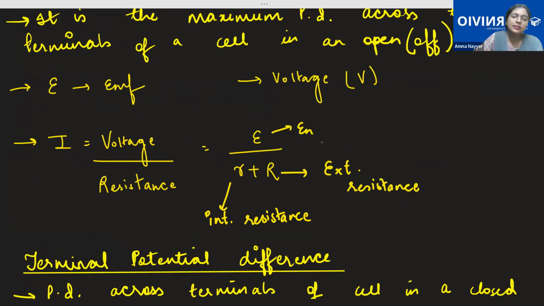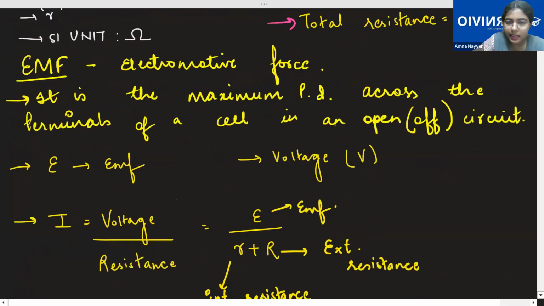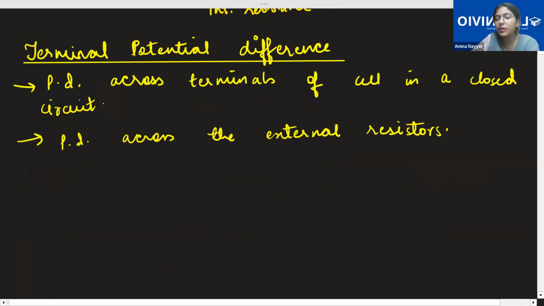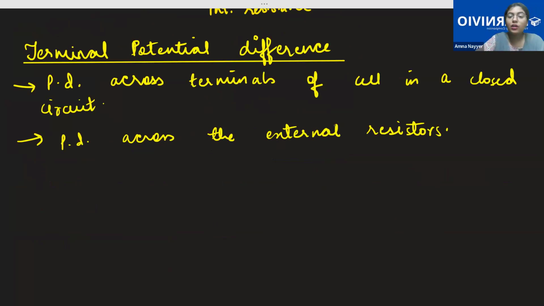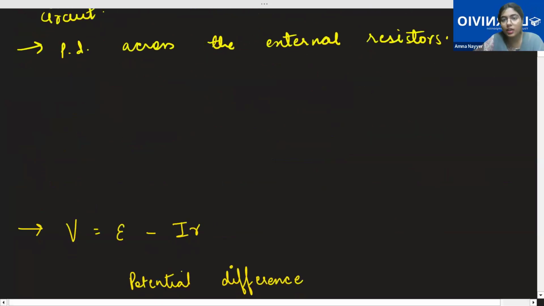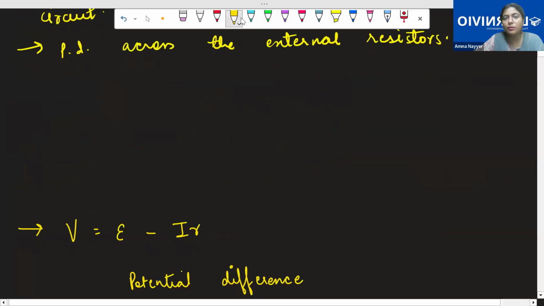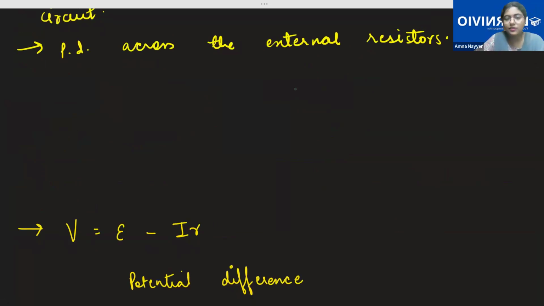And this is the EMF. Then talking about the terminal potential difference, it's the potential difference across the terminal in a closed circuit. Means across the external resistor, whatever will be the potential difference, that will be the terminal potential difference.